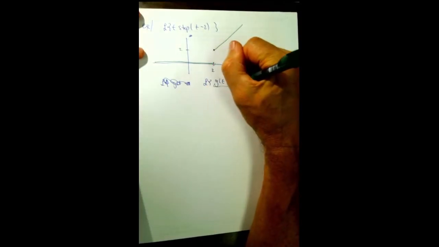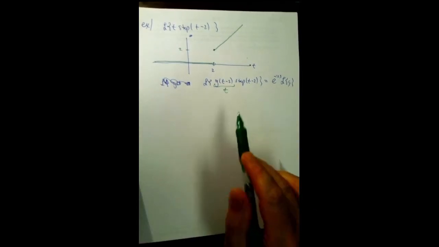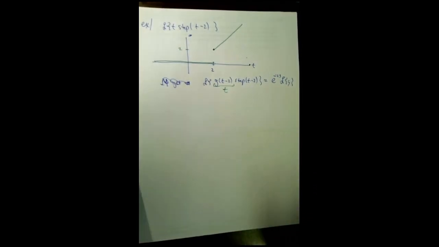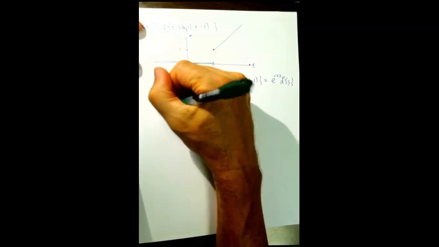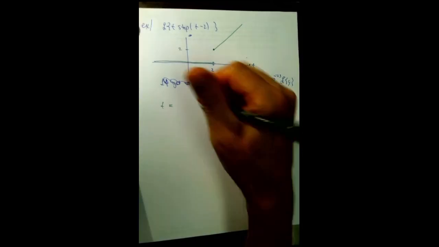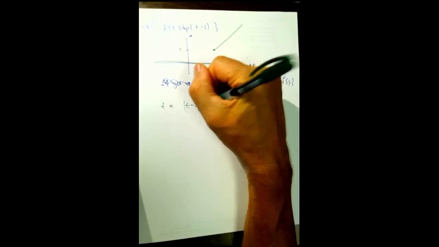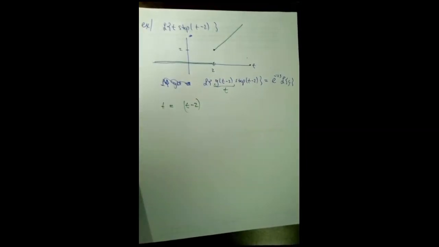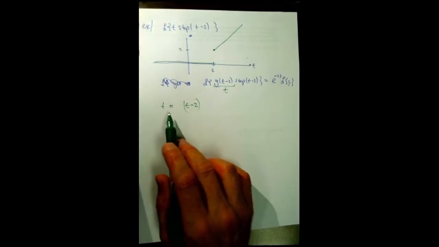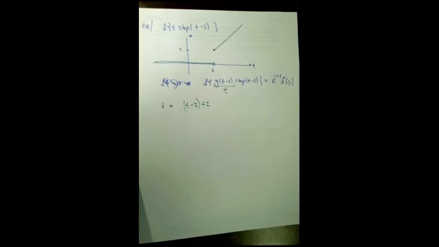I am given t, and it doesn't look like t minus 2's everywhere. So I need to write t so that everywhere I see a t, it looks like a t minus 2. Right, I want to see that everywhere, because then my g is just going to be replacing that with a t. This is not equal to this, but if I take my t minus 2 and then add 2, this is now equal.